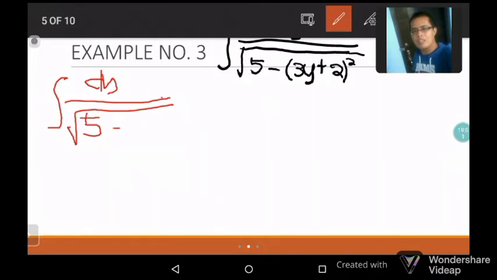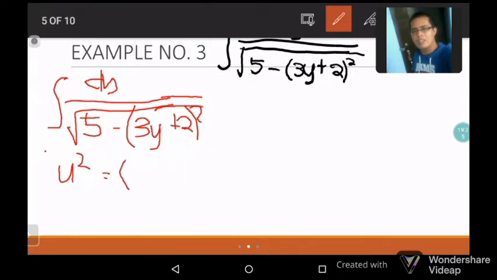Let's have our u squared. So syempre, yung nasa loob ng parenthesis which is equal to, so 3y plus 2, of course naka-square. So to get u, just extract the square root of both sides of your equation. So kunin natin square root nito. So magka-cancel lang naman dyan yung radical sign and the exponent.